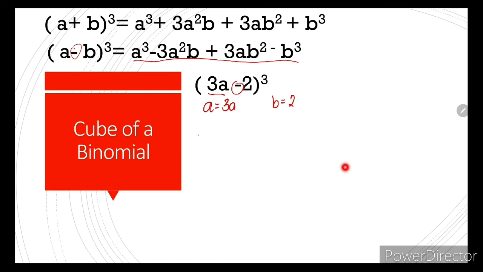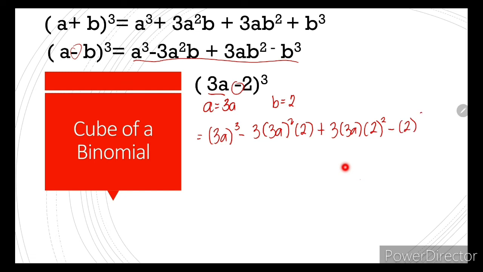Okay, let us substitute. A cube, so we have (3a) cube minus 3a squared b plus 3ab squared minus b cube. Okay, let us solve.